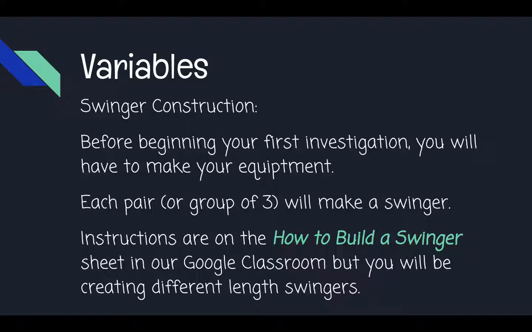The instructions, if you need to see them again on how to build a swinger, are in Google Classroom, but you will be creating different length swingers. I have cards with different lengths, and you will just pick one, and that's the length you need to make. I will be double checking the length for you because, as I mentioned, some swingers were not the 38 centimeters. So I just want us to be consistent.